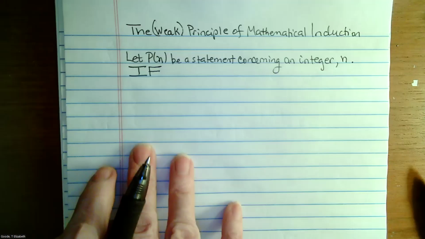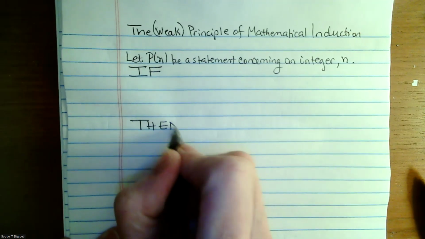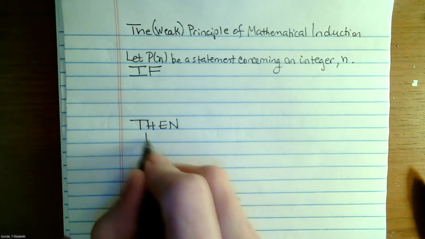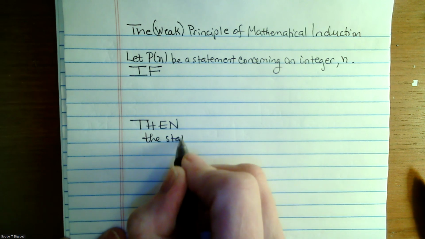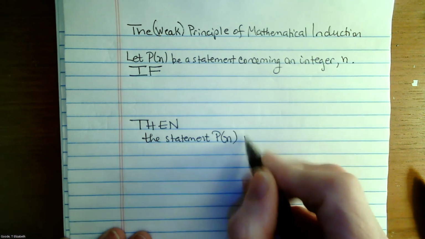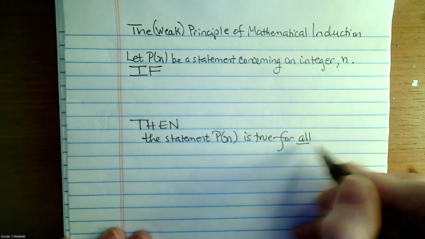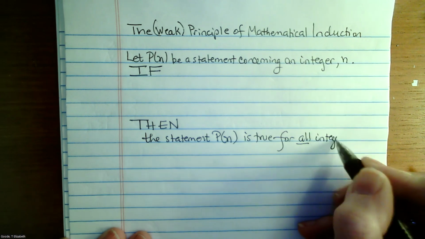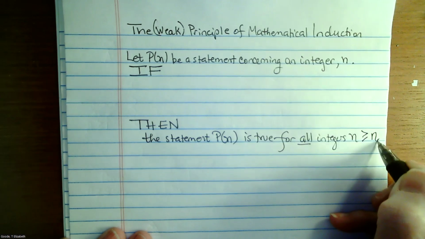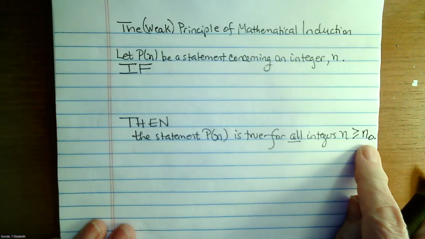But if some good stuff happens, then we're going to be able to say the statement P of n is true for all integers that are big enough. In other words, n greater than or equal to some bottom level integer, which we call n naught.